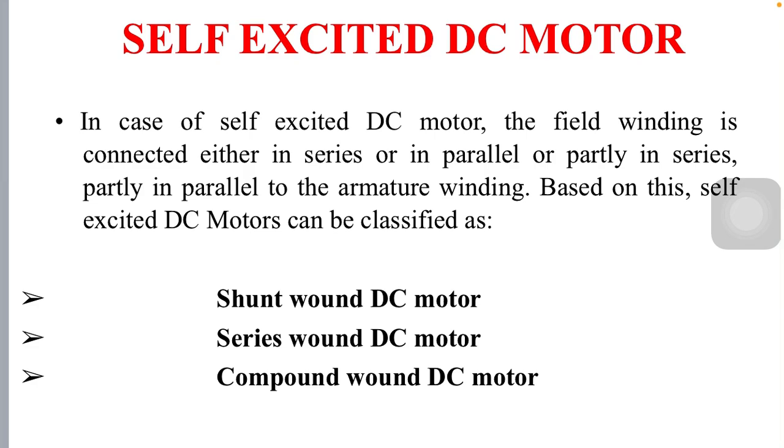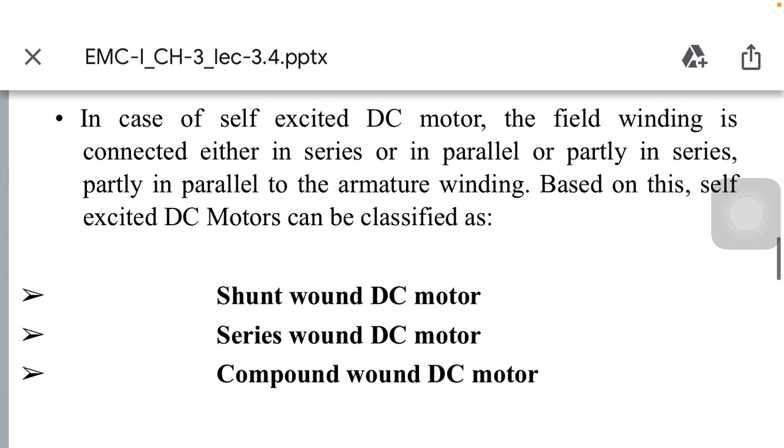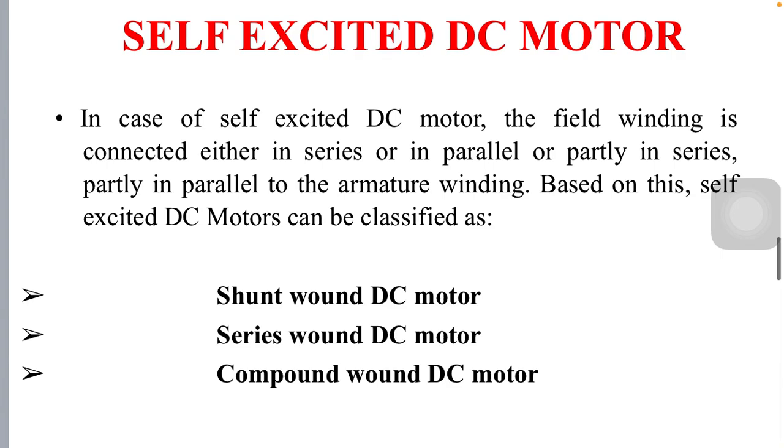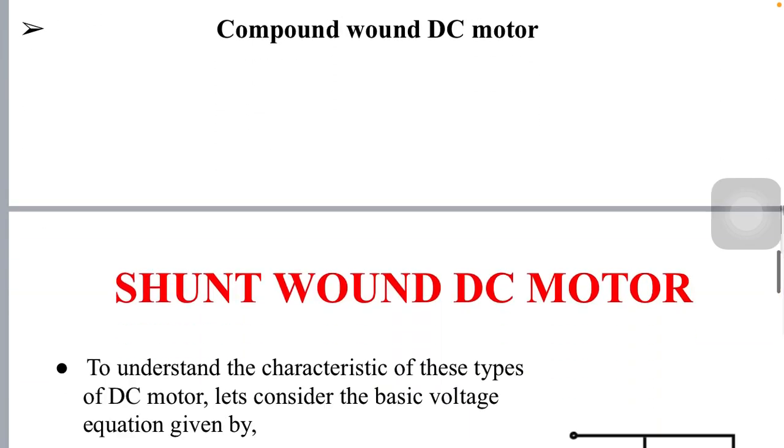In the compound motor, there is a combination of series and shunt. Self-excited means one source only supplies both the field and the armature. So shunt, series and compound are the types.